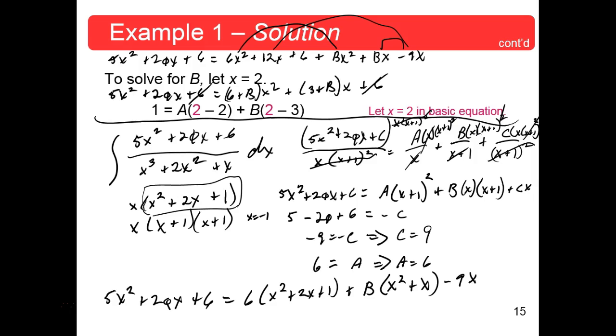Now, what we have here is one x squared term here, 5, is equal to 6 plus b, right? 5 is equal to 6 plus b, because that's the coefficient for x squared. It's got to be on both sides. So we have 5 is equal to 6 plus b. So what does that make b equal to? Negative 1.